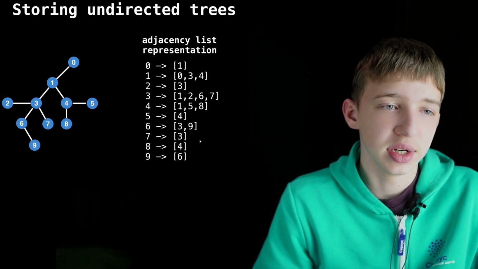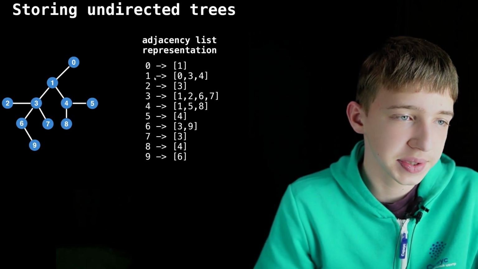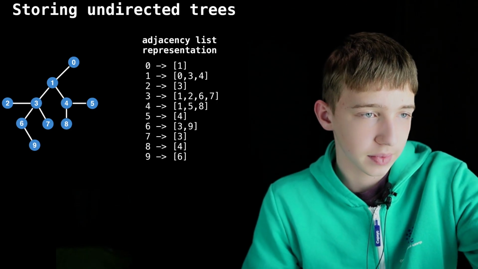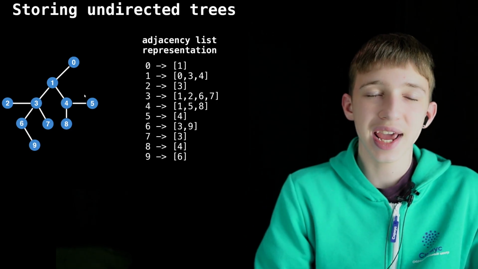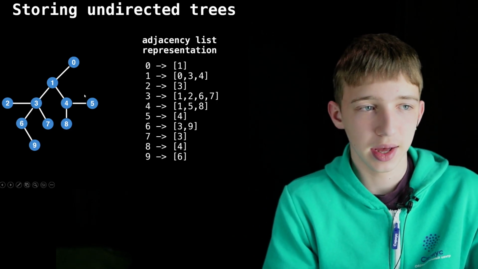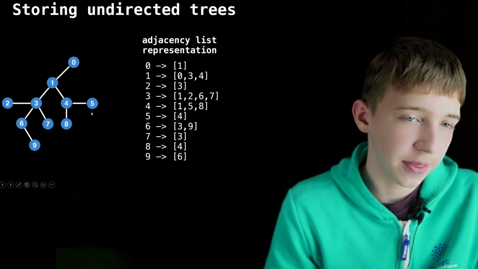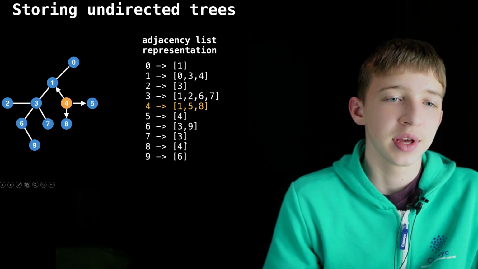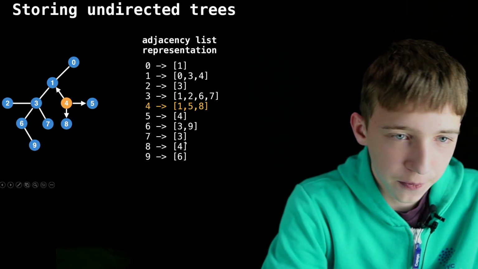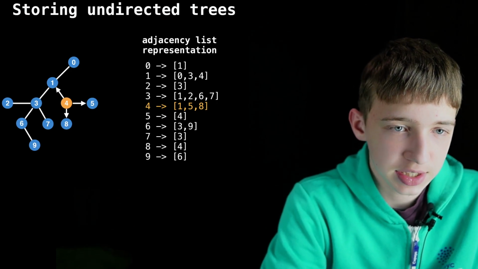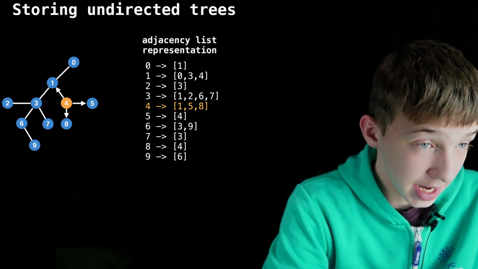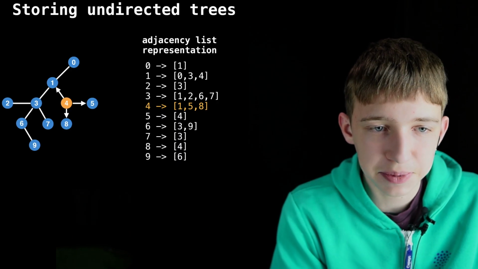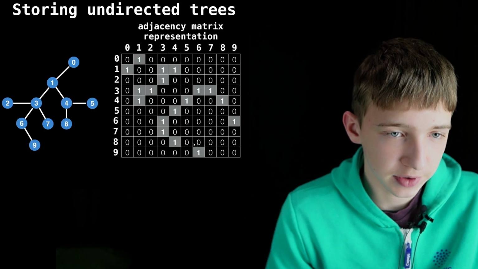So in this way, we can easily find out all of the neighbors of a particular node, and this is why this approach is much more efficient. For example, node 4 has the neighbors 1, 5, and 8, and we can see that node 4 maps to the list containing 1, 5, and 8 respectively.